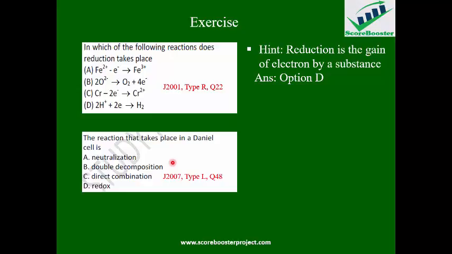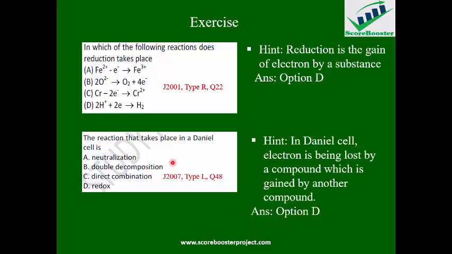So look at what is happening in Daniel's cell, then transfer it to this, because in Daniel's cell you have ammonium chloride, you have H2SO4 and that. If you look at that, you are going to see that it is option D.